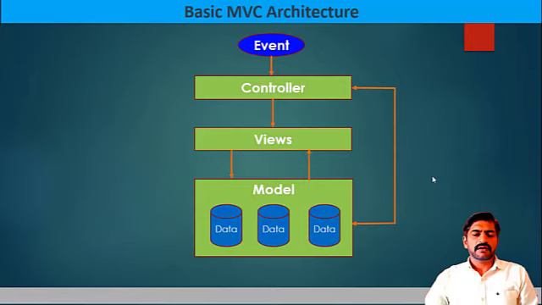The controller receives the request from the user and asks the model to access the data, because the model contains the business logic as well as the data. So the controller takes that data to present it to the user through the views.